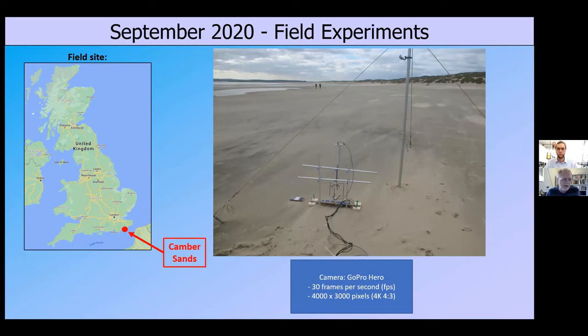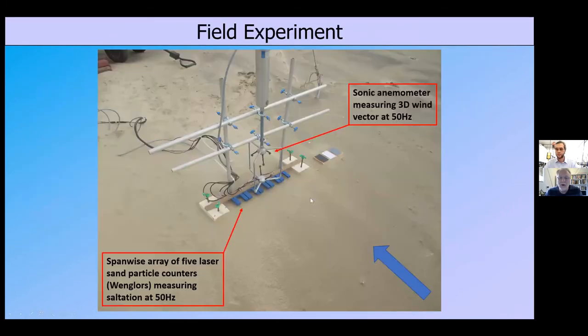So this is a new version of this experiment, just last year in September on the same beach, but now using a GoPro Hero camera, pretty cheap, but a much higher resolution, of course, and that's the attraction here. And then also using a sonic anemometer to measure wind speeds, and I've got a little zoom in here of the instrumentation.